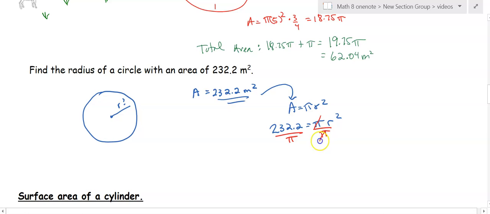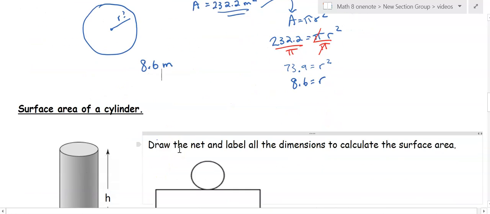The pi's undo each other, cancel out, and we get 73.9 is r squared. The inverse operation to squaring is square rooting, so we take the square root and we get approximately 8.6 is equal to the radius. So the radius is 8.6 meters. Make sure we put the correct unit. Area is square units, meters is length. If we wanted the diameter, we would then just double that.